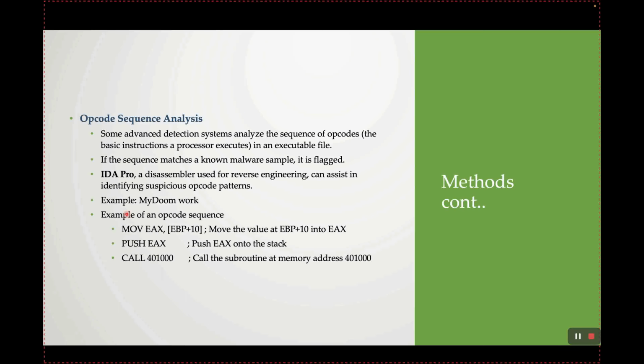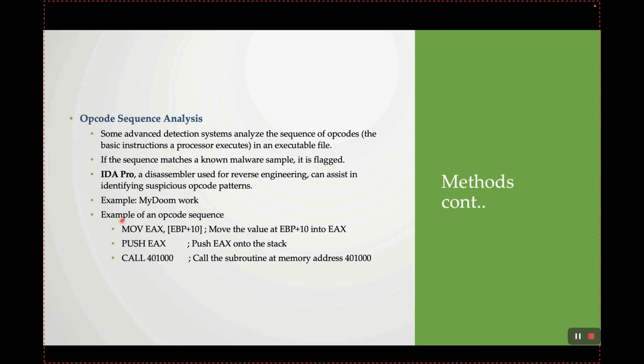They discovered that this particular worm contained some sequences of these codes that are unique to its propagation mechanism, which involves sending copies of itself via email by using its own SMTP engine. The opcode sequence corresponded to the instructions for email generation and sending.